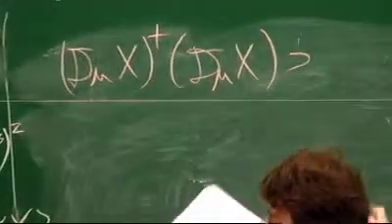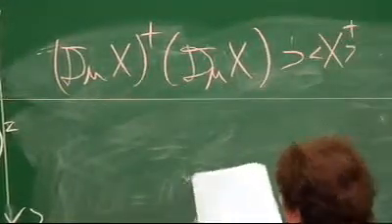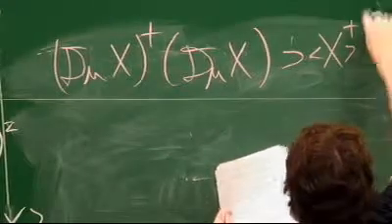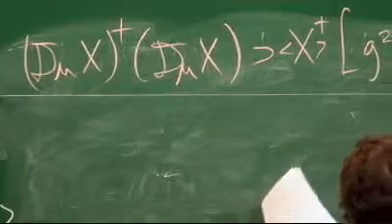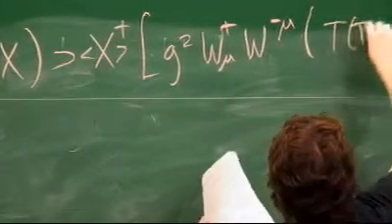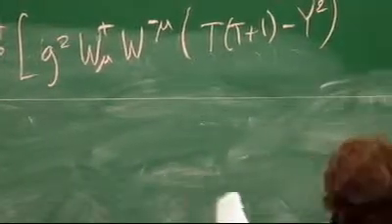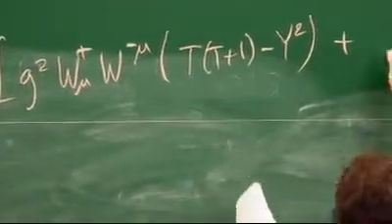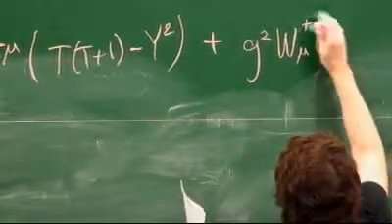that looks awful. Okay. It's going to contain the expectation value of X dagger, right? Contain that. Oops, this is W3.